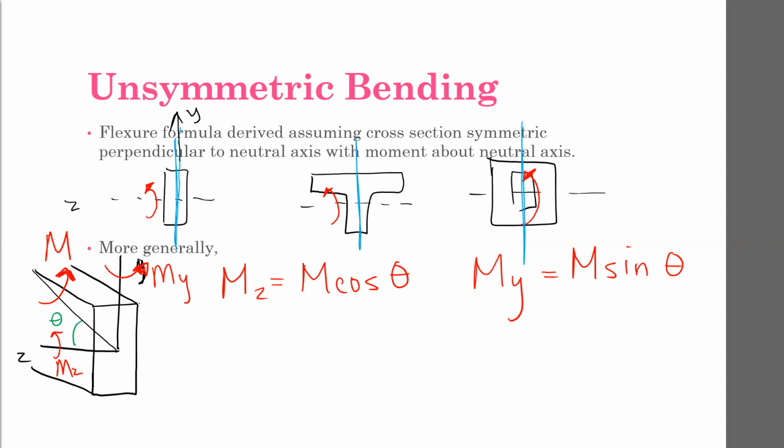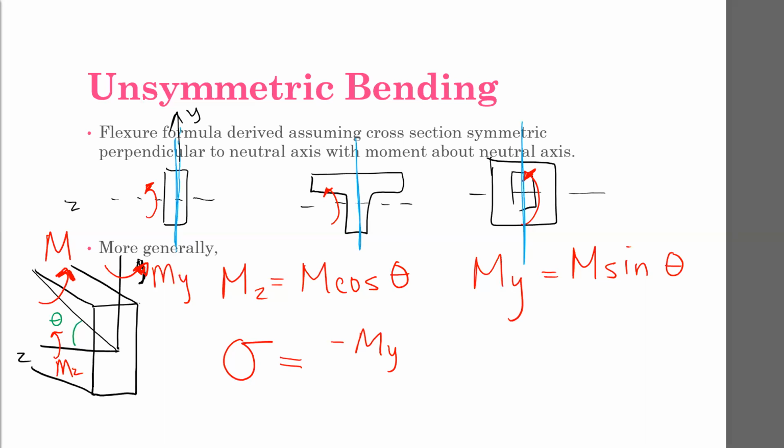So once we've broken it up into the two components, now we can treat it just like we did before. Each one creates a separate bending stress distribution, and then we will superimpose those, right? So long as our material is elastic, we can superimpose stress states or stress distributions from different loading. So that means that the stress equation, so our normal stress in the x direction, that's our axial direction, for the moment about z, it's the same as what we had before.